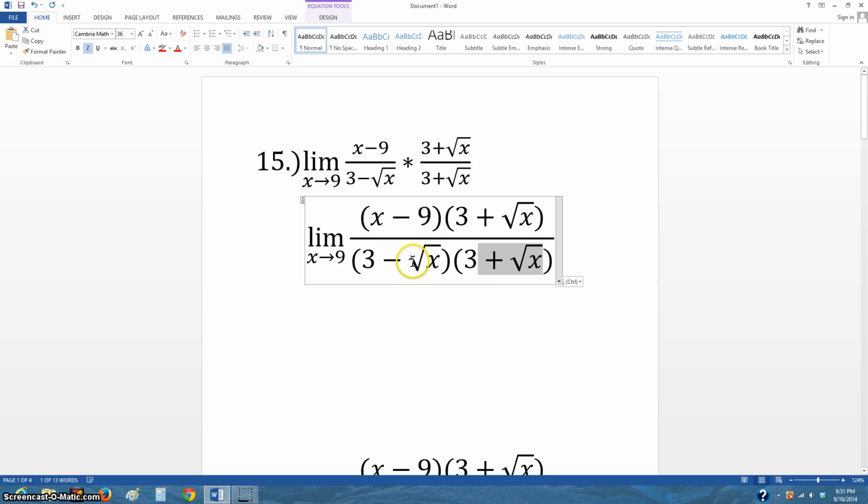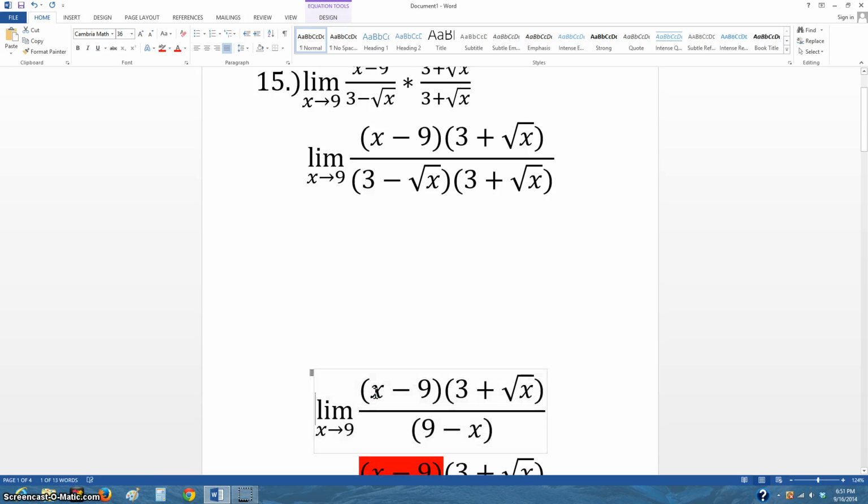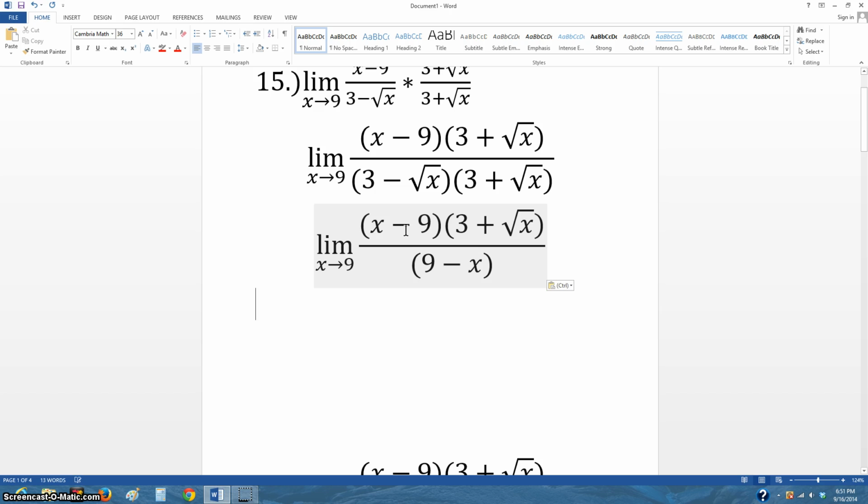So you have a negative square root of x times a positive square root of x, which will just be minus x. So your next part will look like this. So you're left with x minus 9 over 3 plus the square root of x over 9 minus x.